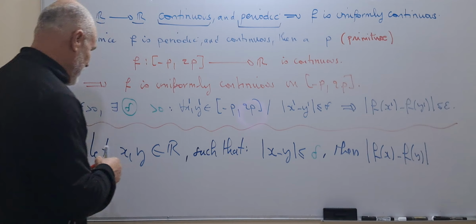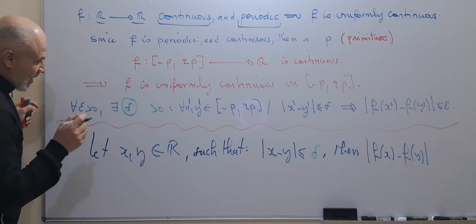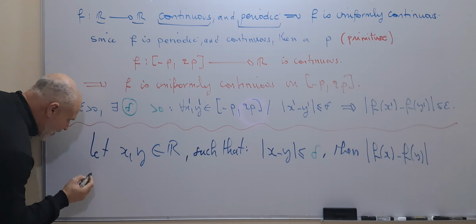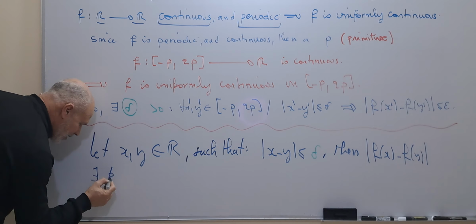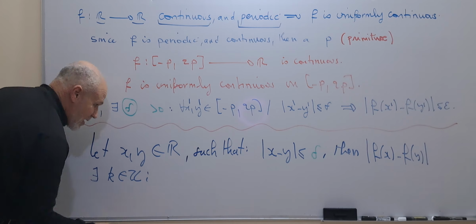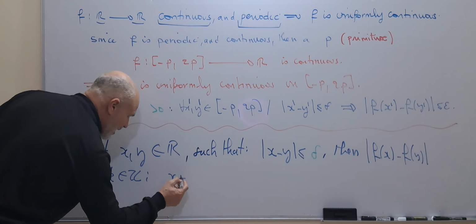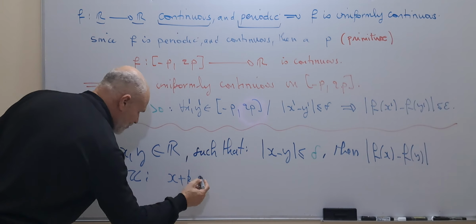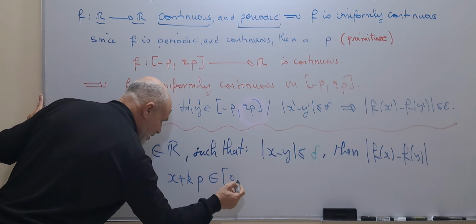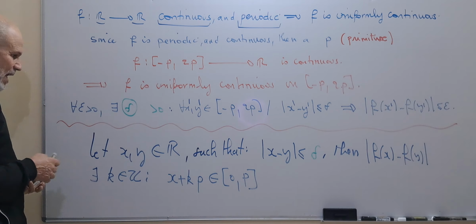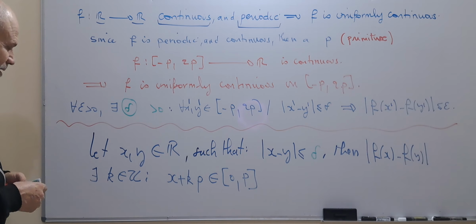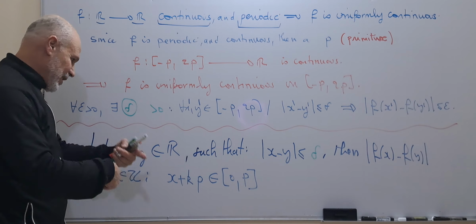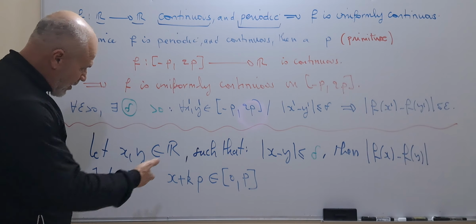To this end, since f is periodic, there exists k from Z such that x plus kp, the period p, belongs to [0, p]. Why? Because f is a periodic function, and since it is periodic, the same values are repeated periodically, so this is true.